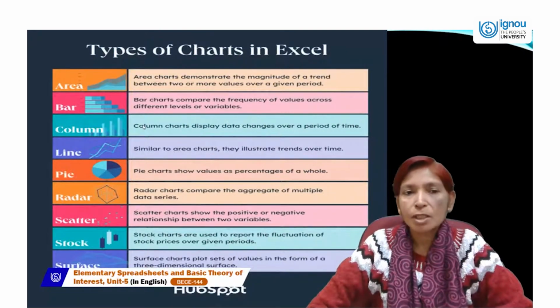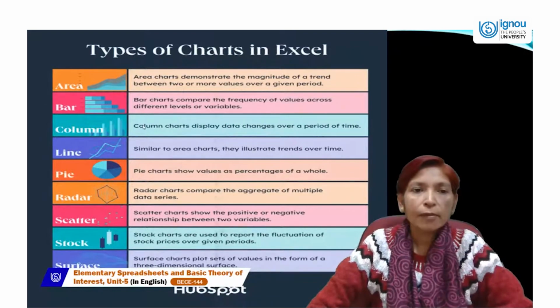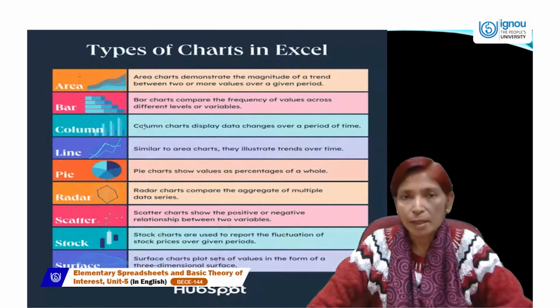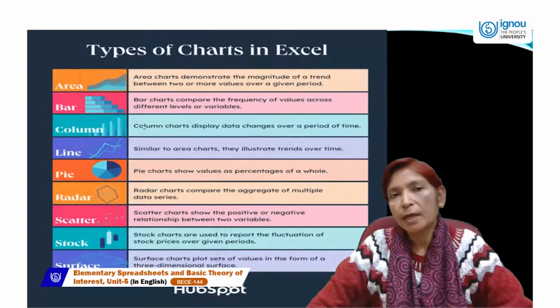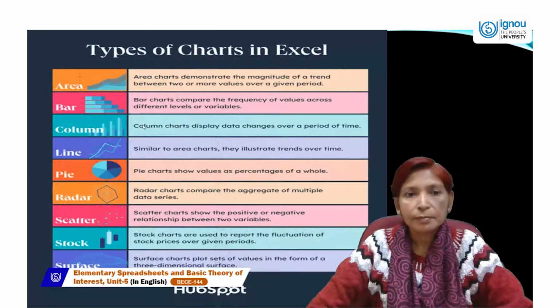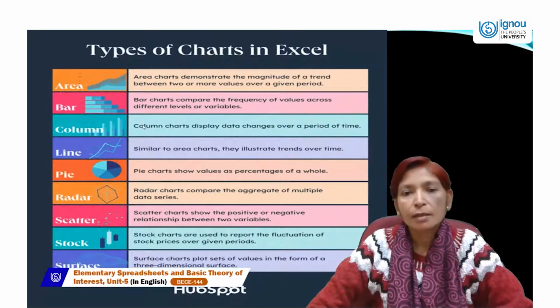Bar graph or bar chart compares the frequency of values across different levels of variables. Third is column. Column chart displays data changes over a period of time. Next is line graph. Line graph is similar to area chart. They illustrate trend over time.